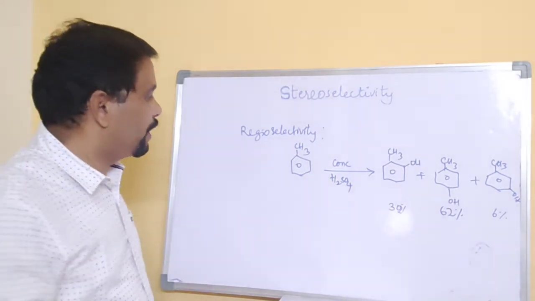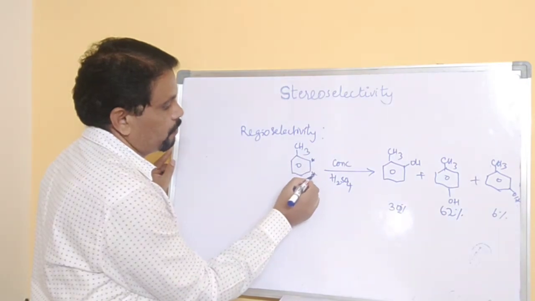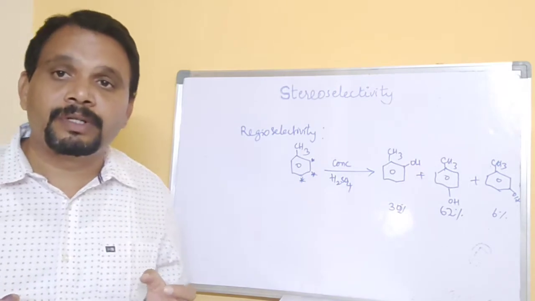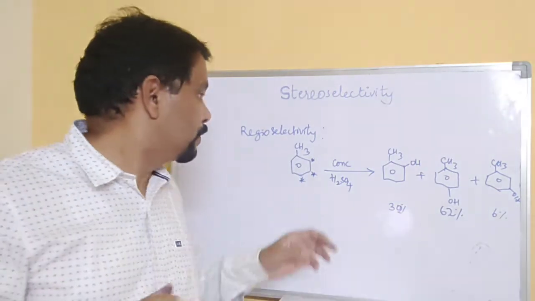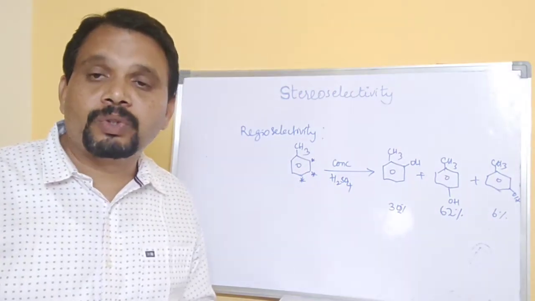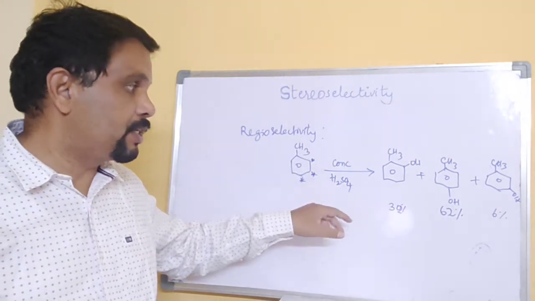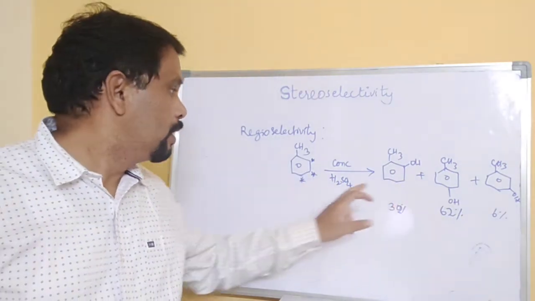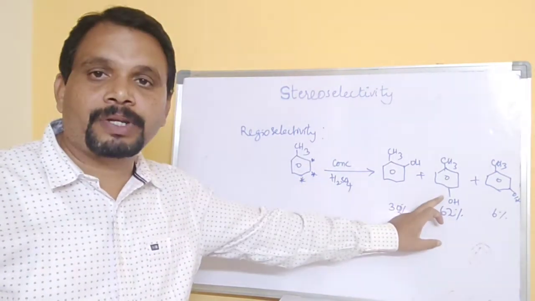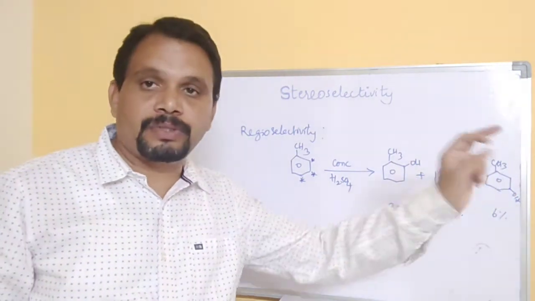Here there are three regions available for the reaction to take place, this or this or this. Among those three positions, the reaction takes place preferably at the para position over the ortho and meta positions.